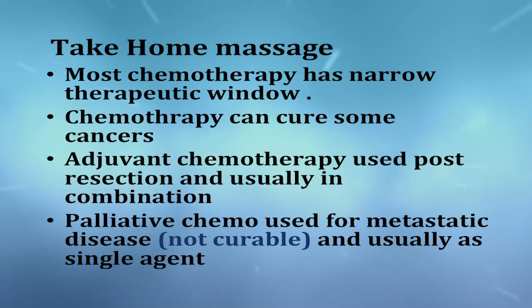Chemotherapy can cure a lot of cancers, and nowadays if you take cancer as a whole, the cure rate is up to 56%, which is an achievement. If you take some kinds of cancer, the cure rate is more than 95%, like certain types of leukemias in pediatrics and lymphoma.